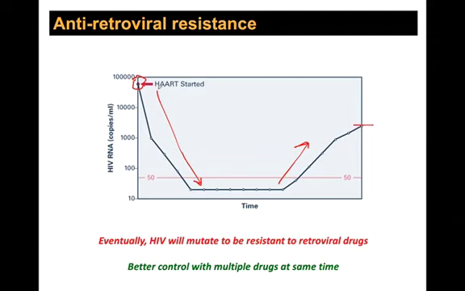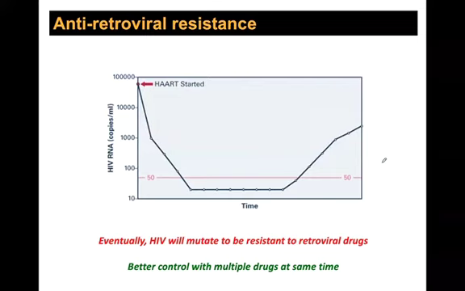But if you start with many drugs here, instead of just a single one, then it's harder for the virus to mutate multiple sites at the same time. And so you get typically long-term control. And you can look at people like Magic Johnson, who's been living with it for 25 years now, and he's got no disease. So drugs can control this.